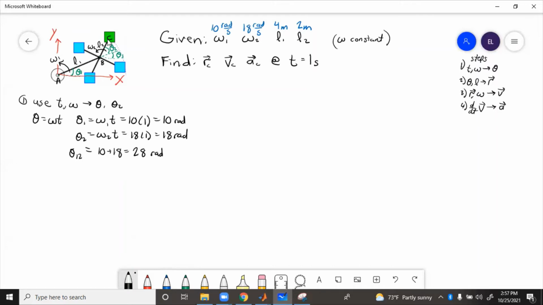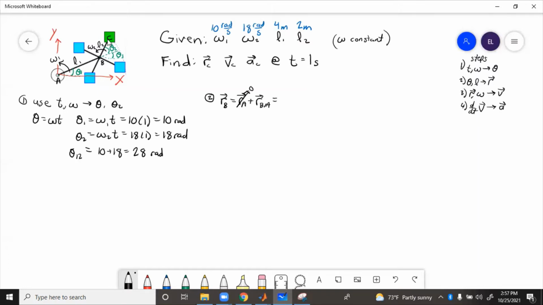Then step 2 is to find the positions. We'll need to get position of B first. RB equals RA plus RB with respect to A. Now, position of A is just 0 because that's where the origin is.